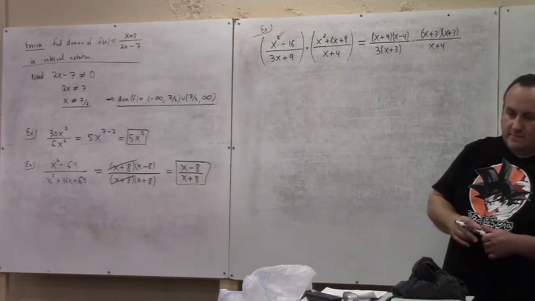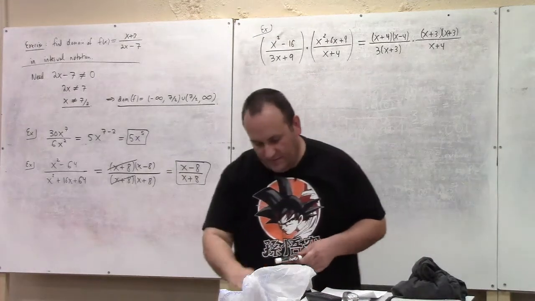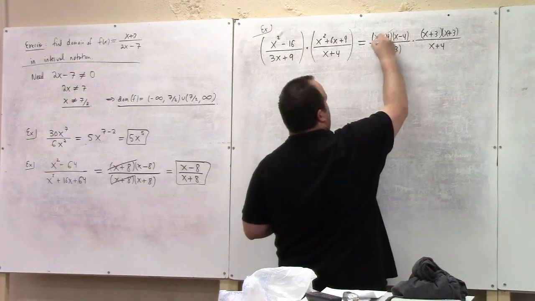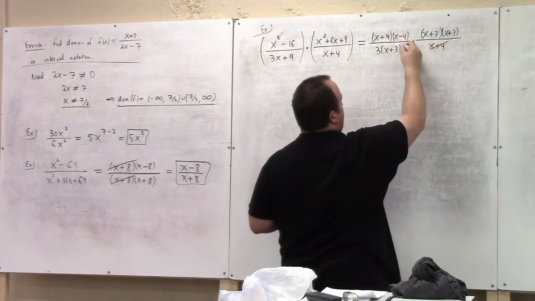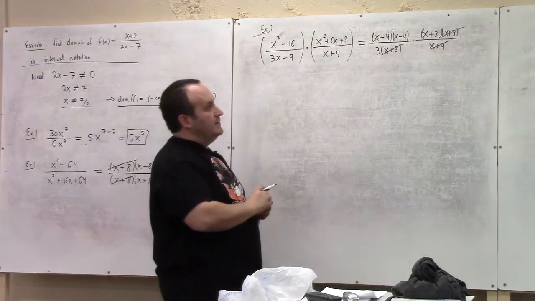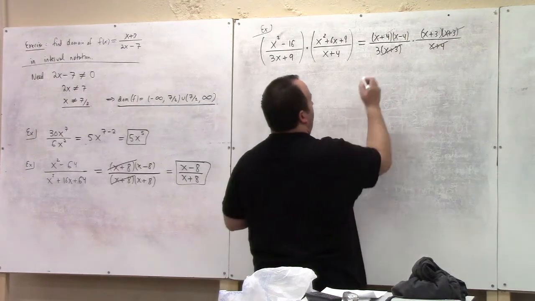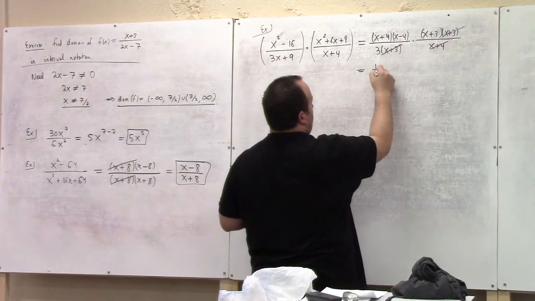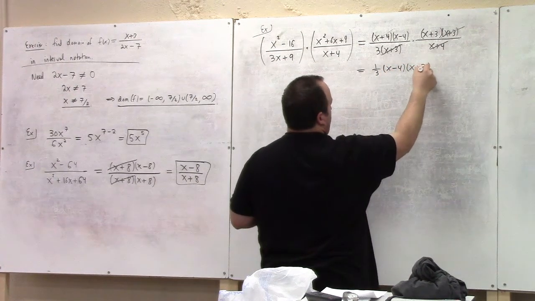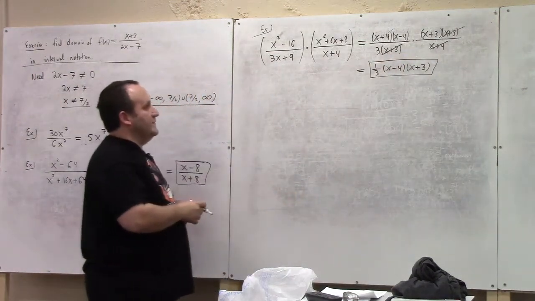And then you can start reducing the expression by canceling like factors, if you see them. In this case, this x plus 4 can cancel that x plus 4. This x plus 3 can cancel that x plus 3. And all we're left with is what? So 1/3 times x minus 4 times x plus 3. That's how that one simplifies.